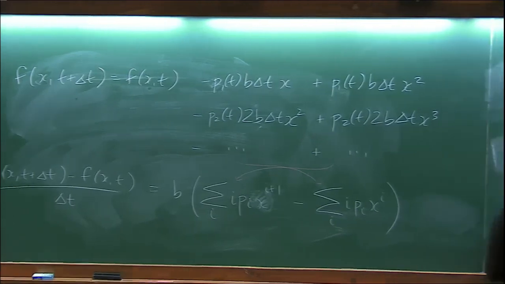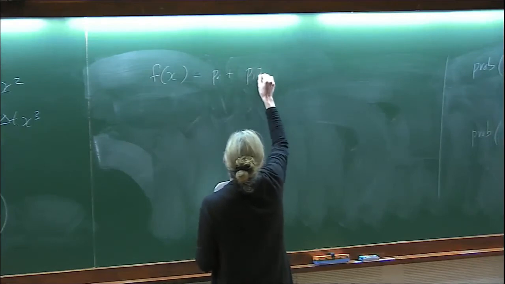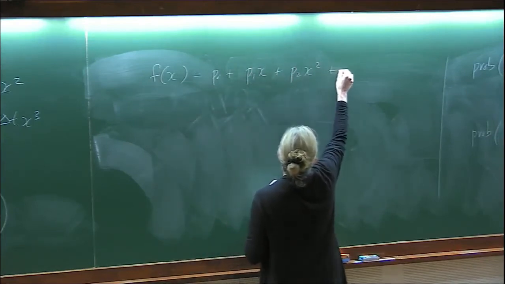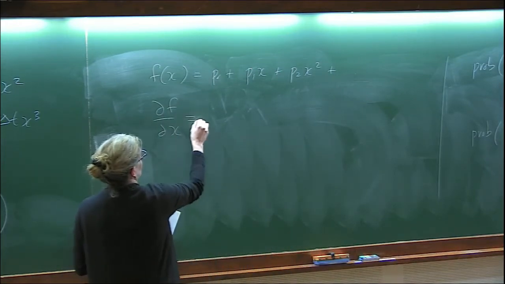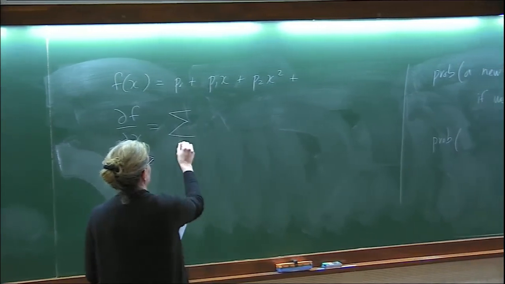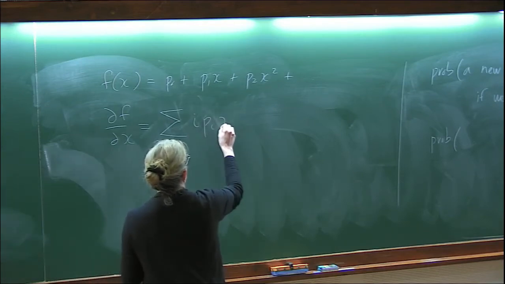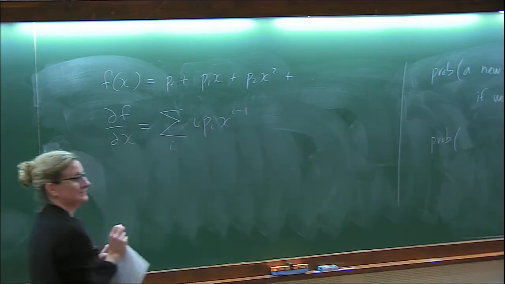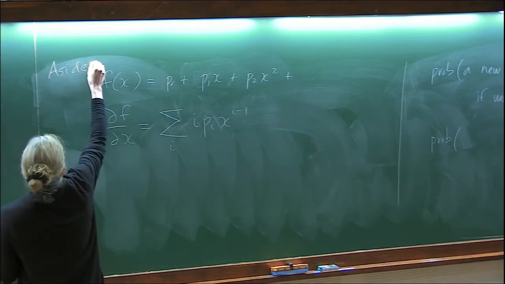Generically, f of x, we'll take out the t for the moment, is p0 plus p1 x plus p2 x squared plus... Write for me df/dx in summation notation. Excellent. This is like an aside.